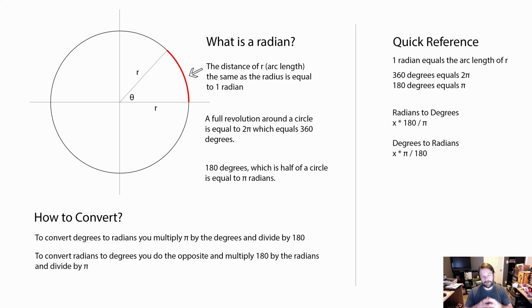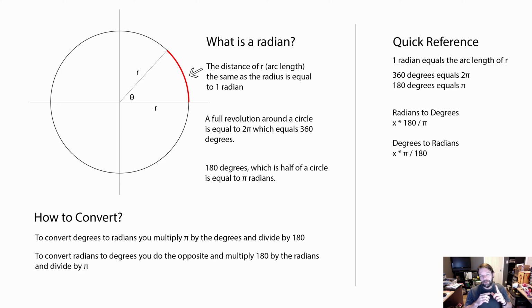Your arc length is that little red line that I've drawn between the two radii. If that length is the same as the actual radius from the center point to the edge of the circle, then that is equal to 1 radian.